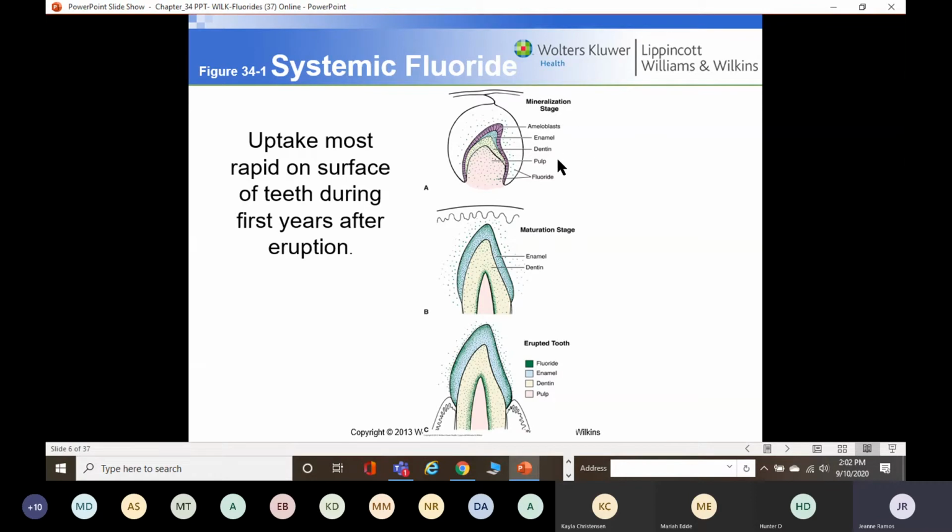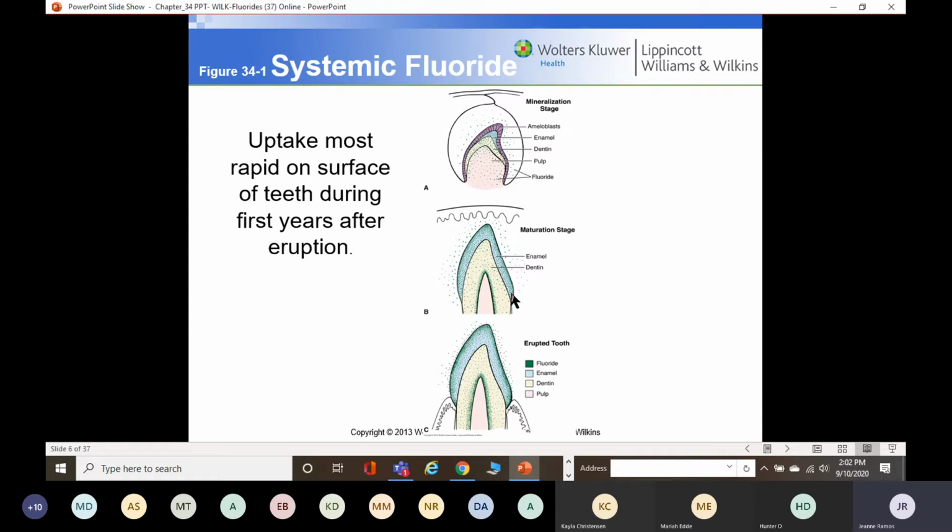It will show you the mineralized stage and all the ameloblasts that are helping the enamel form. If there's a high fever or some kind of insult, as they call it, or disruption to these ameloblasts, then the enamel is not forming correctly as it should, and the dentin is forming, with all this fluoride helping the ameloblasts.